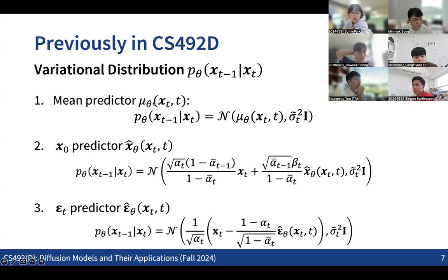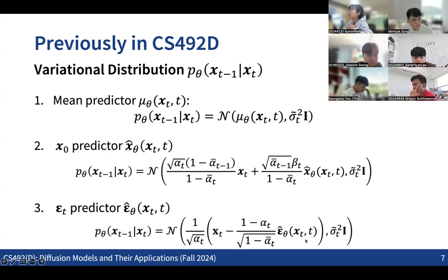The first is a mean predictor, which directly predicts the mean of the variational distribution. The second is predicting x0, the original data point, and then computing the mean using both xt and the prediction of x0. The third is predicting epsilon t, and then computing the mean using both xt and the predicted epsilon t. So there are three different ways that we can train a DDPM model.